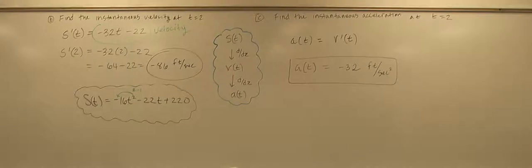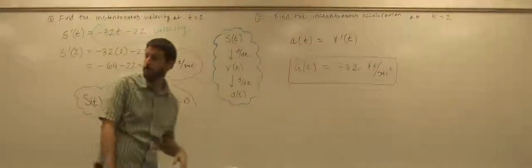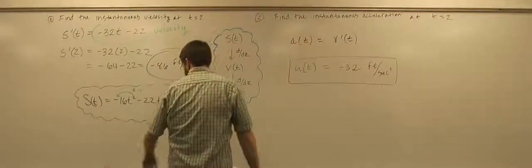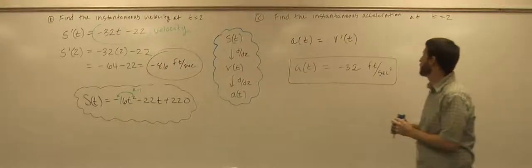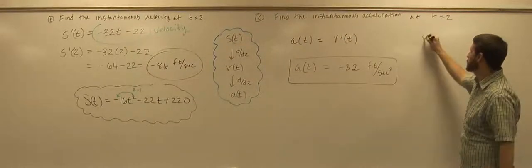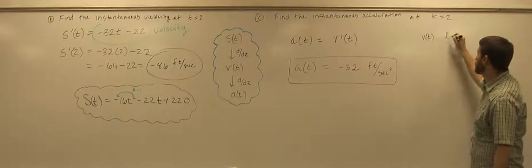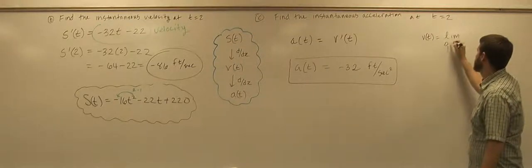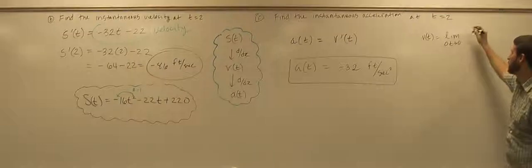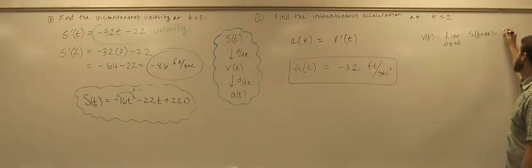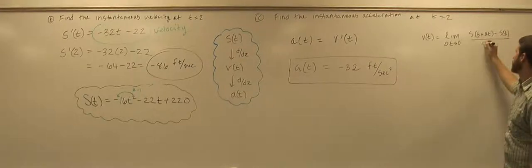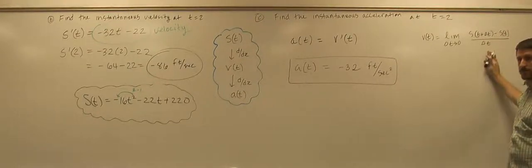I understand the acceleration is feet per second squared, but how come when you do the derivative it squares the unit on that? Because when you actually do velocity, you're doing this limit. Limit as delta t goes to 0 of s of t plus delta t minus s of t over delta t, seconds on the bottom.